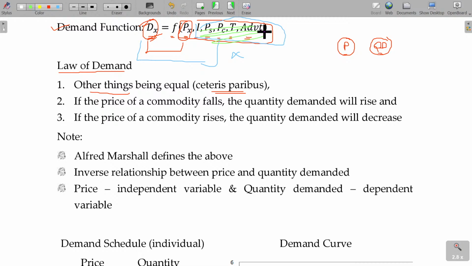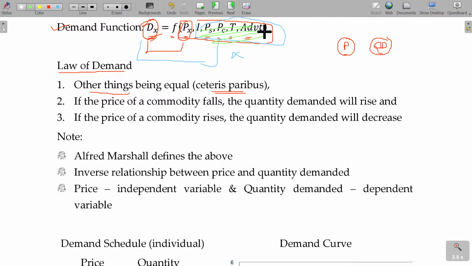There is no change in income, price of the substitute, price of the complementary commodity, the taste and preference of the consumers, and cost incurred for advertisement. We need to make a change only in the price of the commodity. Because of the change in the price, what could be the change in the quantity demanded? No, I am not talking about the change in demand.